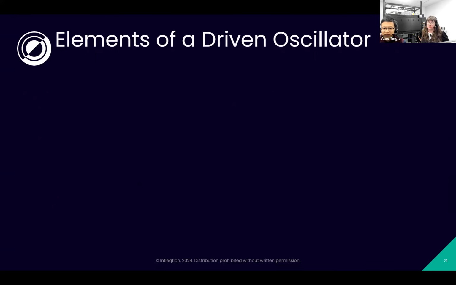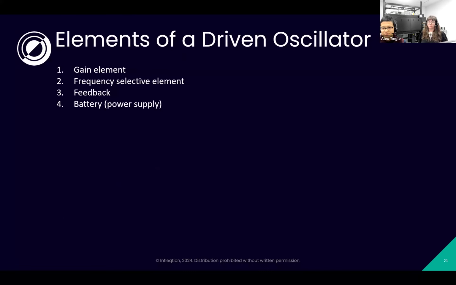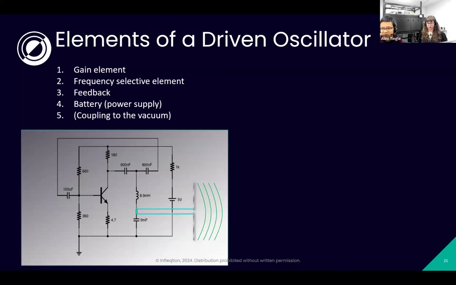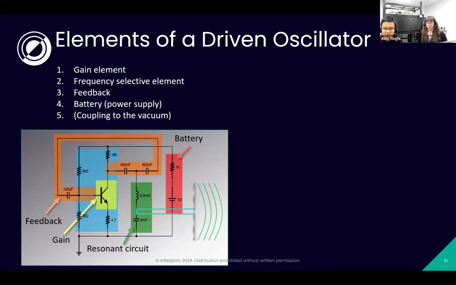If we take a step back and revisit the concept of basic electronics by examining a driven oscillator, as depicted on the bottom left, a typical driven oscillator includes a gain medium, a frequency selective component, a feedback loop, a power source, and coupling to the environment, often modeled as going into the vacuum or into the ambient environment.